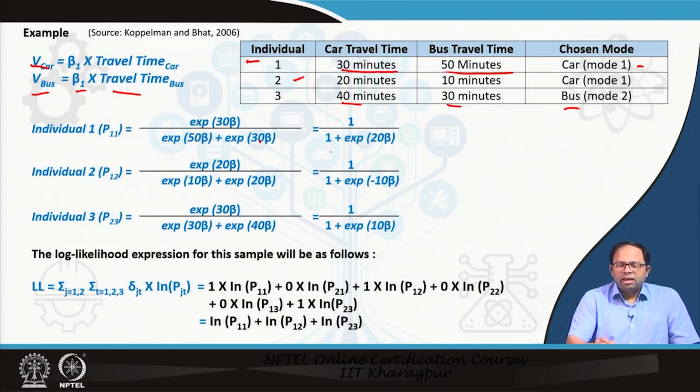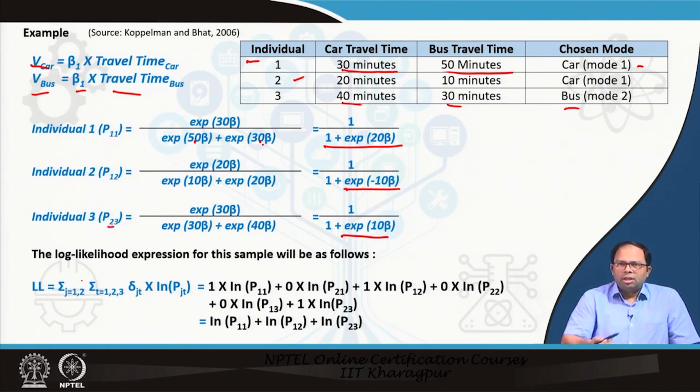We get the final equation as this, where the exponent is 50 minus 30, which is 20. This is the form we have already discussed, and the same goes for individual 2 and individual 3. I have only considered the probability of alternative 1 for individuals 1 and 2 because that is what they chose, and for individual 3 he chose alternative 2, which is why I have estimated its probability.